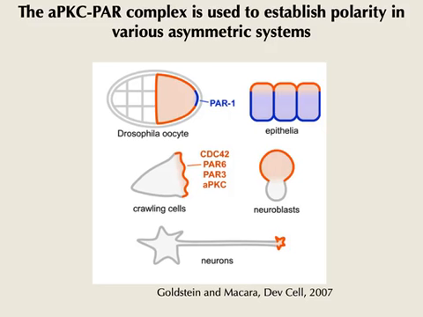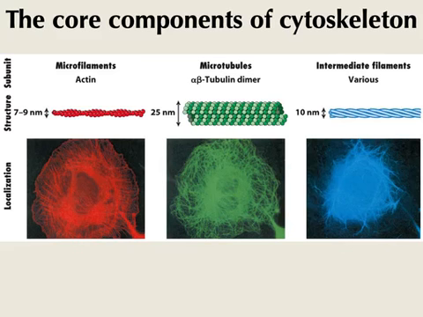All right, so briefly, just to help you guys connect the dots, we talked about the aPKC PAR complex. I just said that it's localized here at the tip of the leading edge, and it's involved in polarizing all kinds of cells, right? We saw the example of C. elegans, but it's active in migratory cells, in epithelia, in the fly oocyte, neurons, and so on. The core components of the cytoskeletons are the ones we talked about.